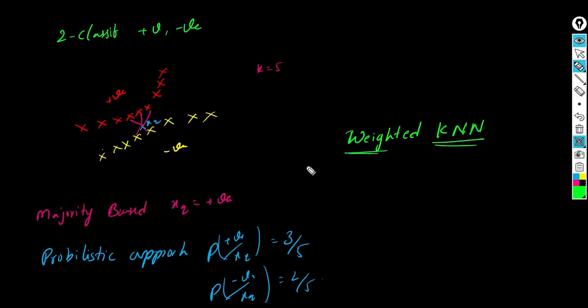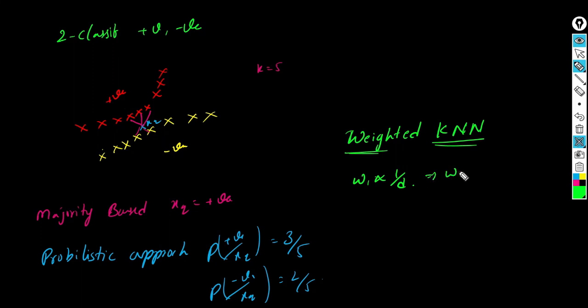In the weighted KNN approach, we give a weight to every point with respect to the query point based on the distance. For suppose the distance is more, then the weight is going to be less. If the distance is less, the weight is more. That means weight is inversely proportional to the distance.